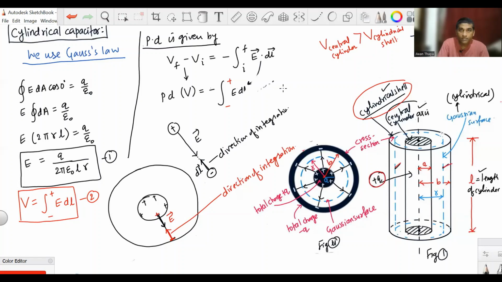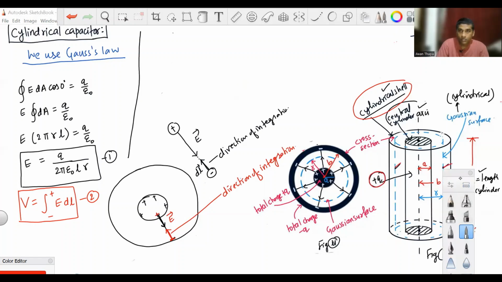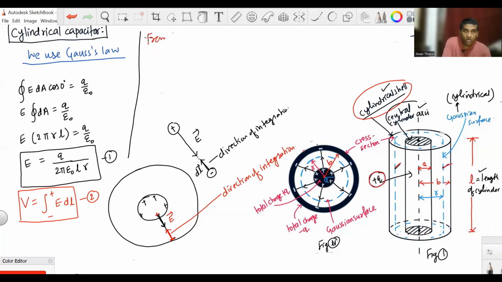Now I'm erasing this, okay. Now from 1 and 2 we can write the potential difference V equals the integral from minus to plus of the electric field, which is Q divided by 2 pi epsilon naught L R, times dl.